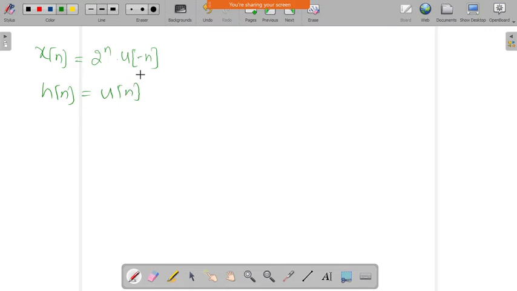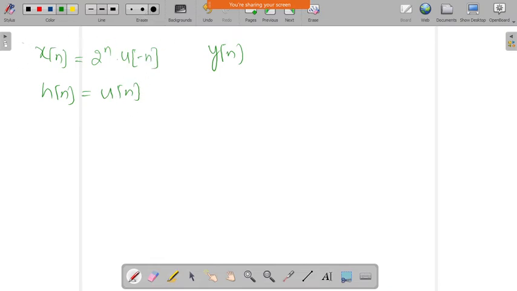Now find out the convolution. If you don't get the solution, I will send it to you. Try to do it on your own. If you don't get this, we will discuss it or I'll send the solution.